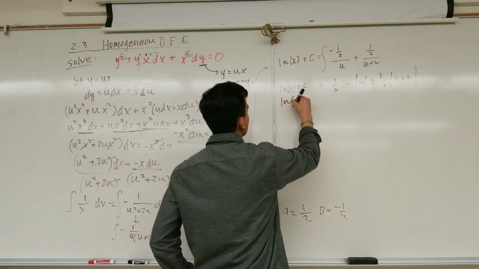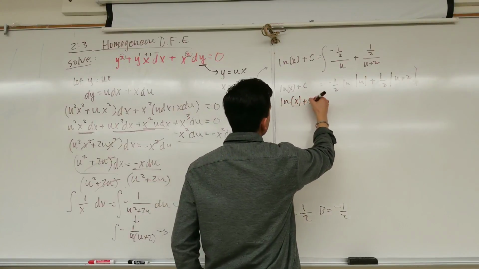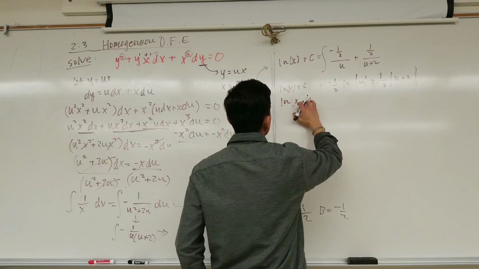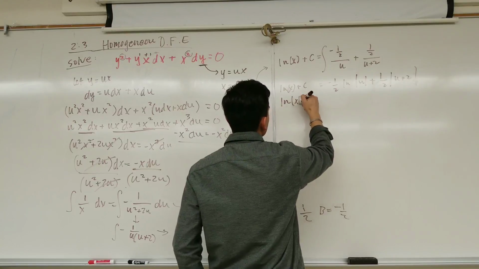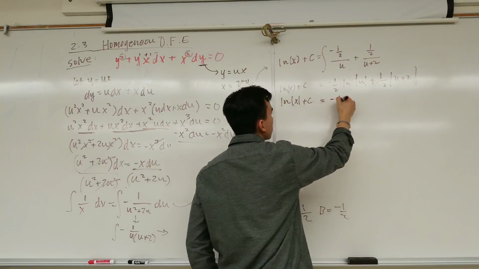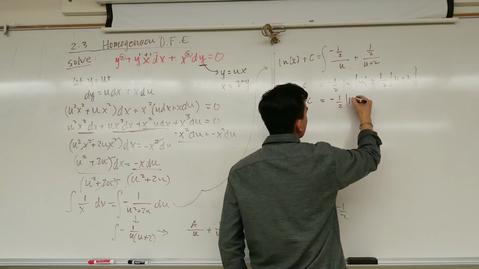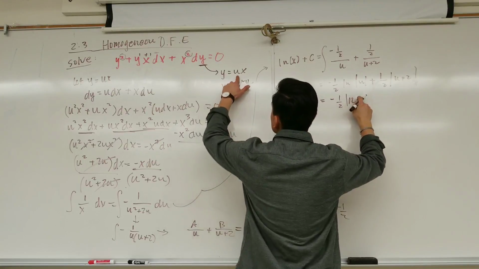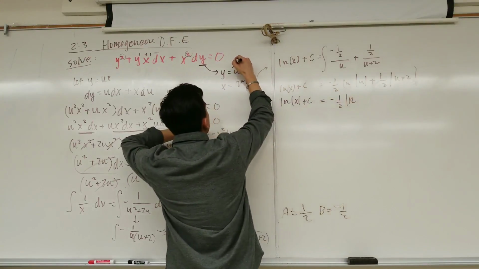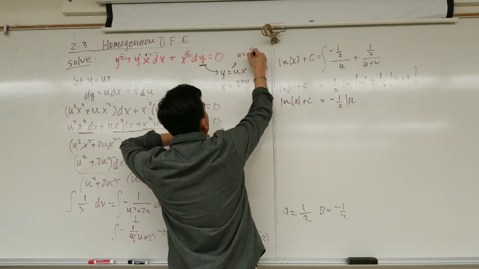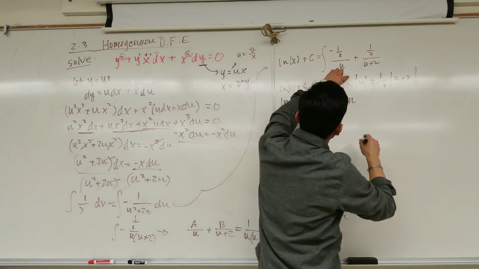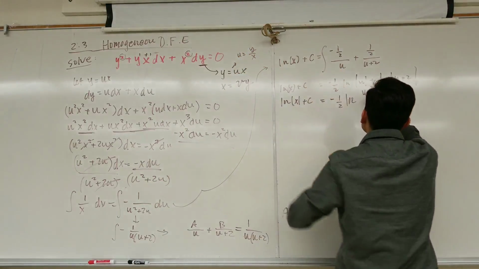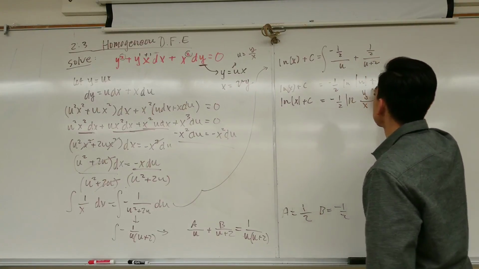So we're going to have the natural log of x plus c equal to negative 1/2 natural log of u, and u is equal to y over x. So we can plug that in.